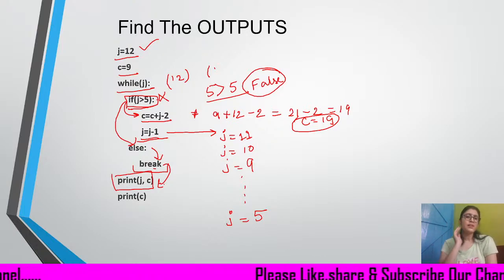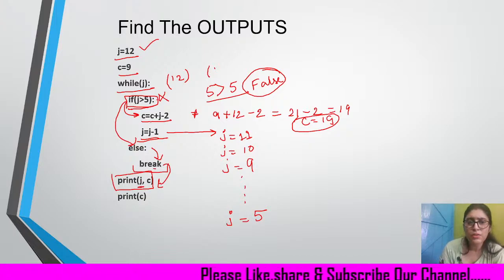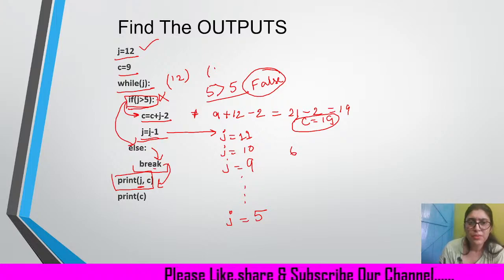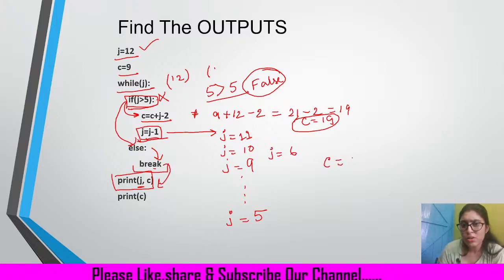So what will be the J value and C value? At the time of coming out from this loop, the J value will be 6, meaning before getting 5, the J value will be 6. J equals 6. So what will be the C value when J equals 6?